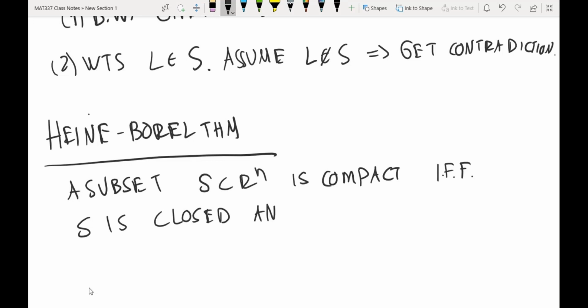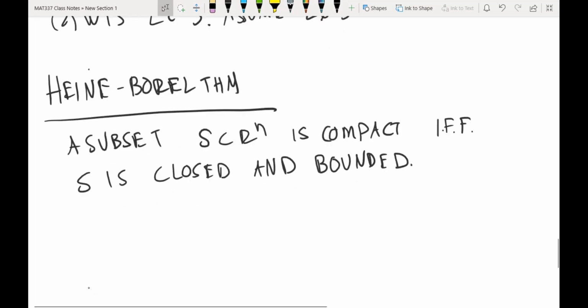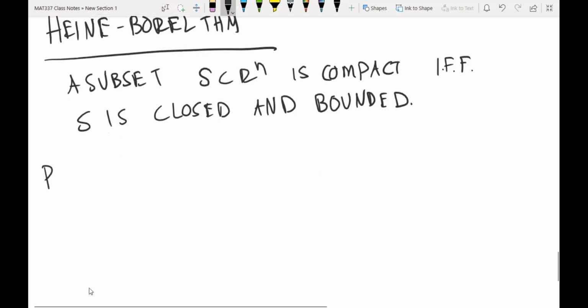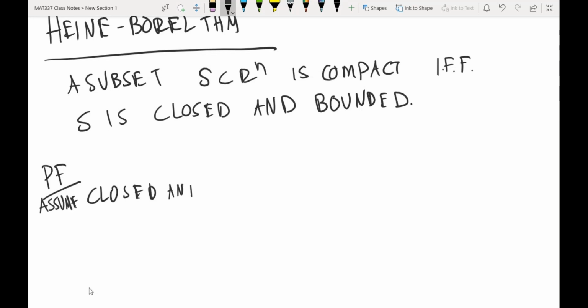And the proof would be very similar to what we just did in the examples. Okay. First, let me do the easy direction. So assume closed and bounded. Show compact.